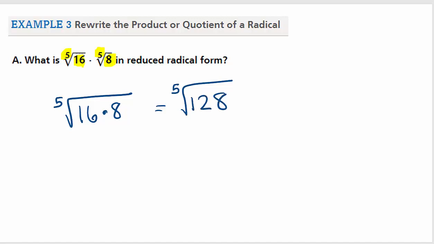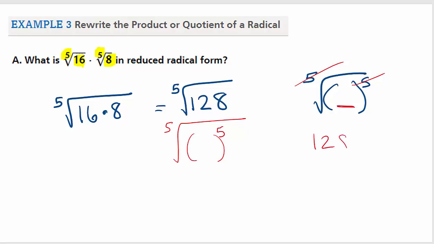Can I actually simplify that? Now remember, the only way that we can cancel a 5th root is if we have something raised to the exponent 5, because then we can cancel these out and we're left with whatever we had underneath here. So that means we're looking for a factor of 128 that can be raised to the 5th.